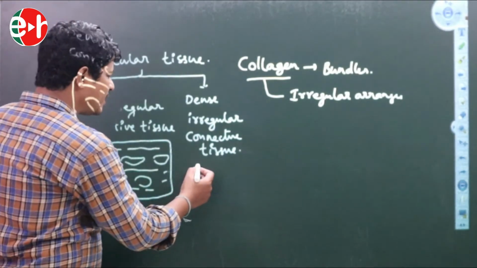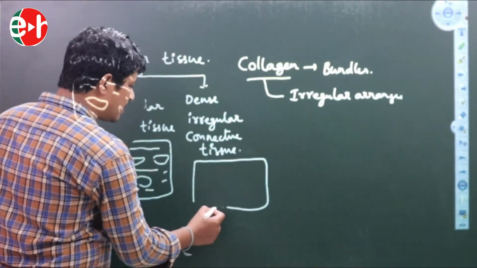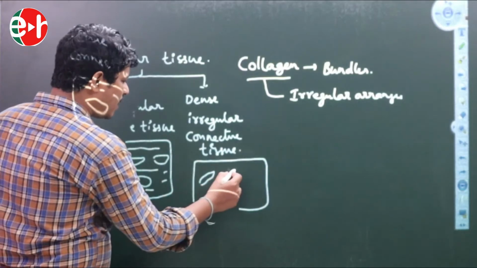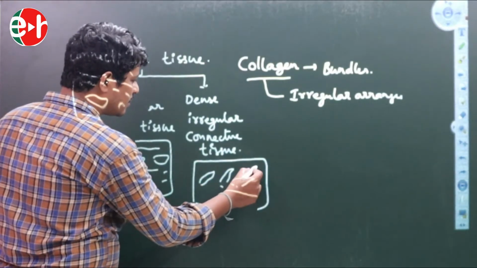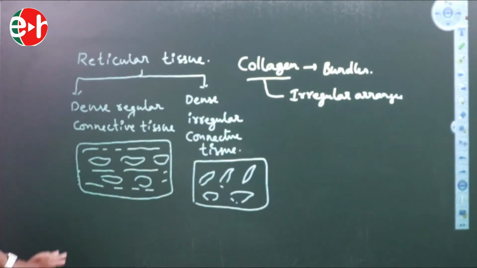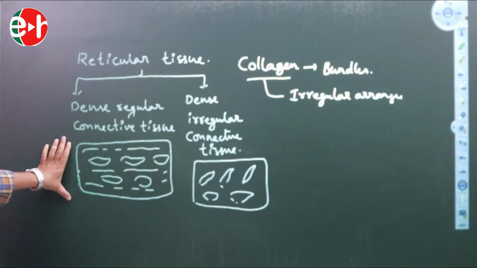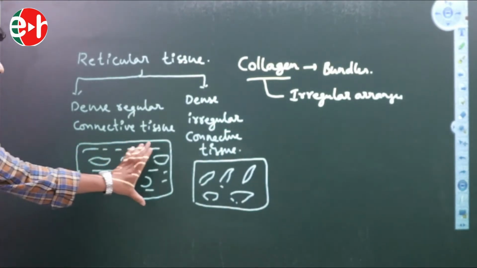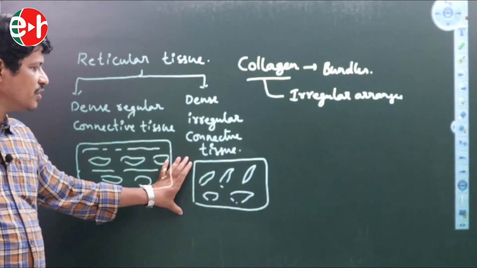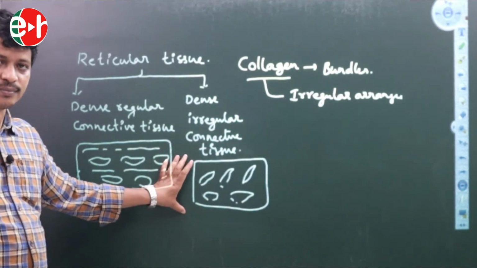And coming to the dense irregular connective tissue, the collagen fibers are arranged irregularly. In dense regular connective tissue, the collagen fibers are parallelly arranged, whereas in dense irregular connective tissue, the collagen fibers are irregularly arranged.